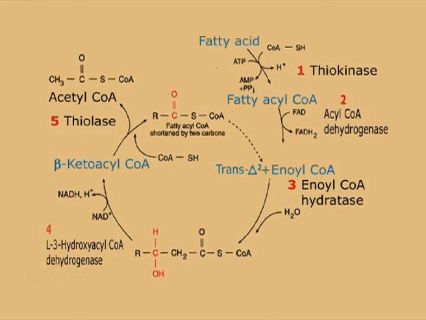Dehydrogenation. It is done by acyl-CoA dehydrogenase enzyme. Number 3. Hydration. It is done by enoyl-CoA hydratase enzyme. Number 4. Dehydrogenation. It is done by L-3-hydroxyacyl-CoA dehydrogenase. And number 5. Cleavage. It is done by thiolase enzyme.